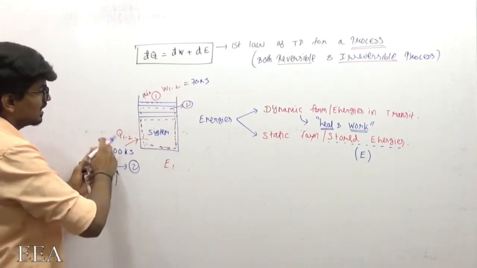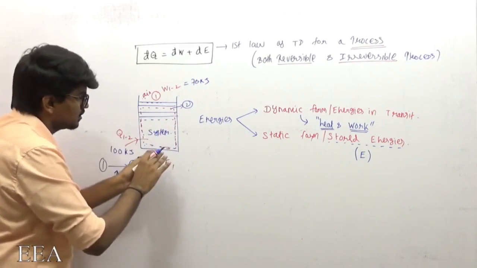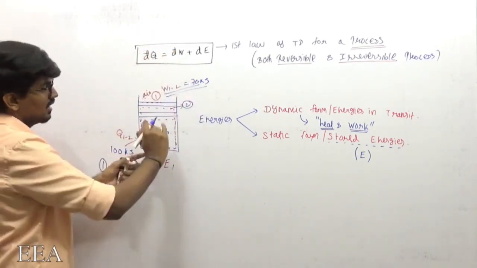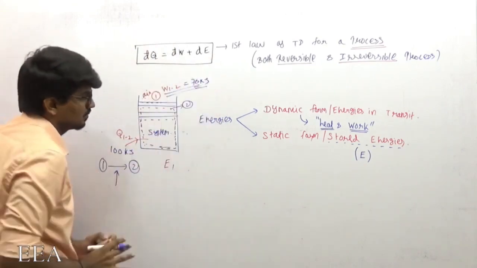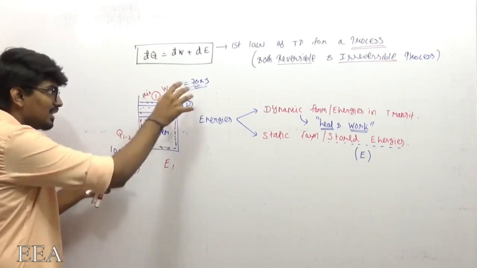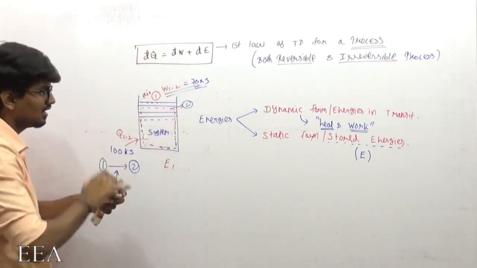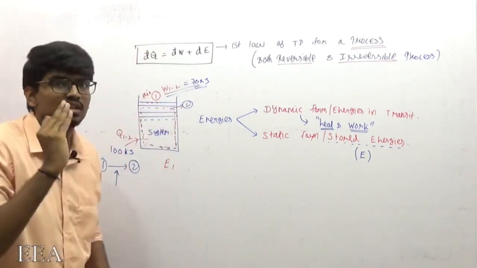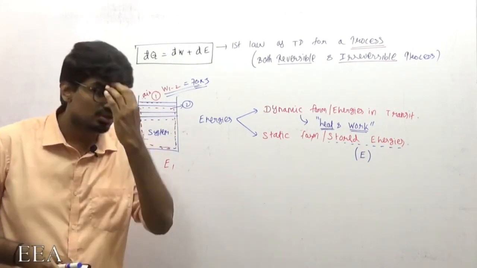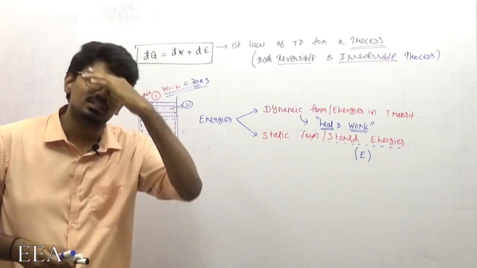When a process is happening, I am supplying 100 kilojoule and getting 70 kilojoule as work, which is nothing but moving this piston. Listen carefully. I'm supplying 100, I'm getting 70 as motion of the piston. Then where does that 30 go? That 30 kilojoule will be stored in the system itself.